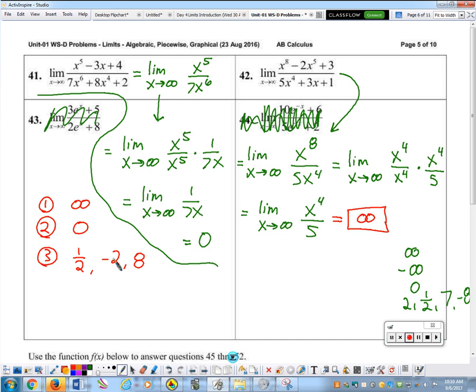So if the limit said it was going to negative infinity on 42, would the answer be negative infinity if it's positive? It depends on the powers that are involved. So when I start out the problem, my logic doesn't really change. If this were negative infinity, to the 8th power is still going to be just really, really big and positive, actually.